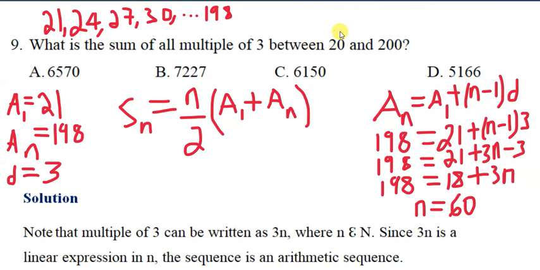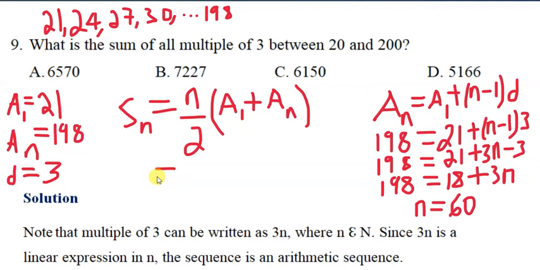I hope it is easy to solve this one. Move 18 to the left and subtract 18 from 198, and then divide the result by 3. Then you will get n is equal to 60.